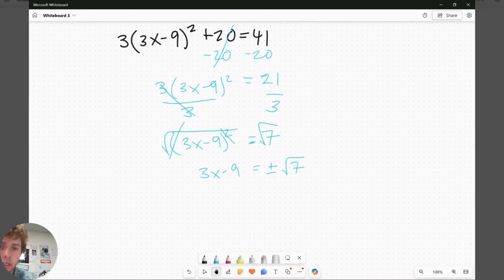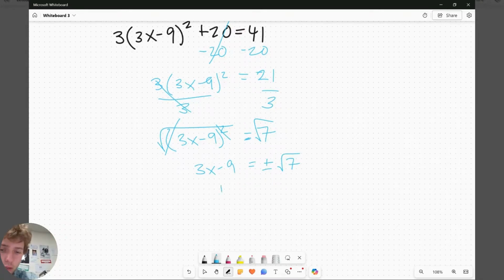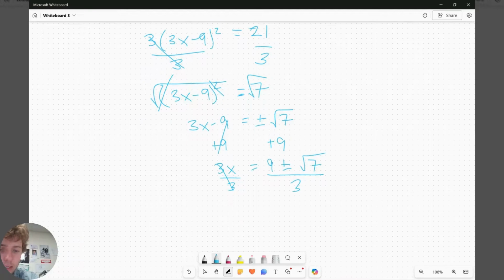And now we can just start to move these values over as well. There's no more parentheses, so now I can deal with these values. Again, when you have plus or minus, just put that value in front of the plus or minus. Whenever you multiply or divide, remember that does affect everything. So x is equal to 9 plus or minus the square root of 7 all over 3.